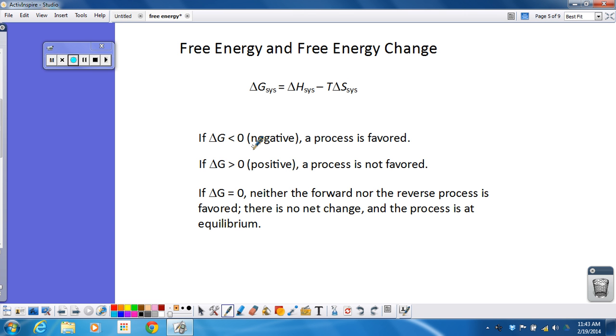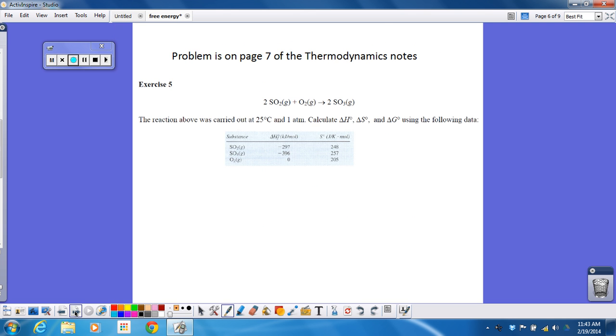And if delta G equals 0, then the system is at equilibrium, because at equilibrium, the forward and reverse reaction are taking place at the same rate, so there is no net change. So delta G equals 0, we're at equilibrium. We're going to talk about this next time in more detail. Right now, we're going to look at positive and negative delta G's.